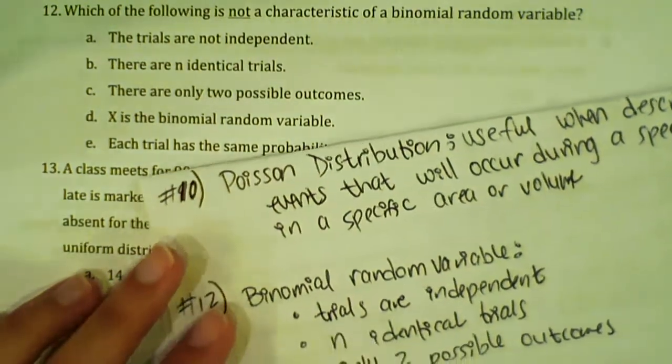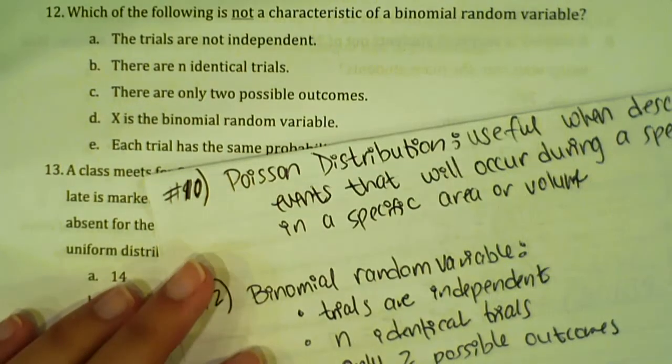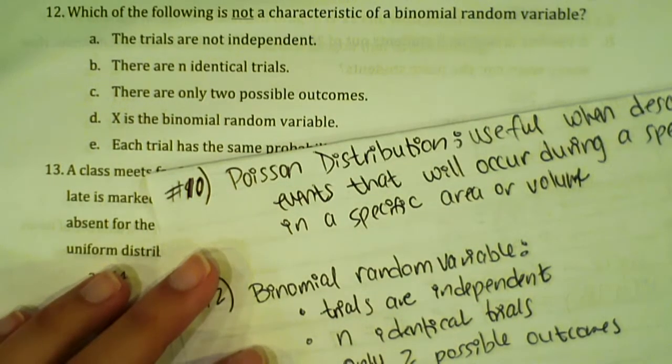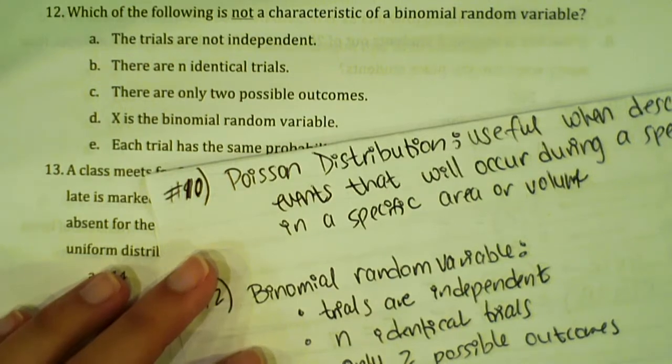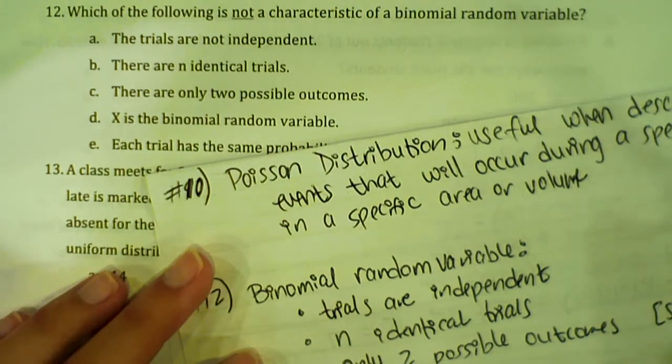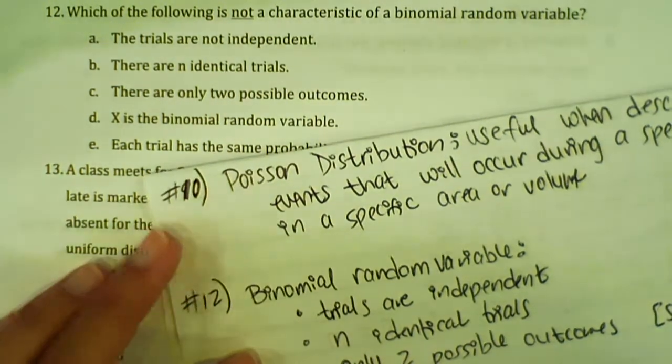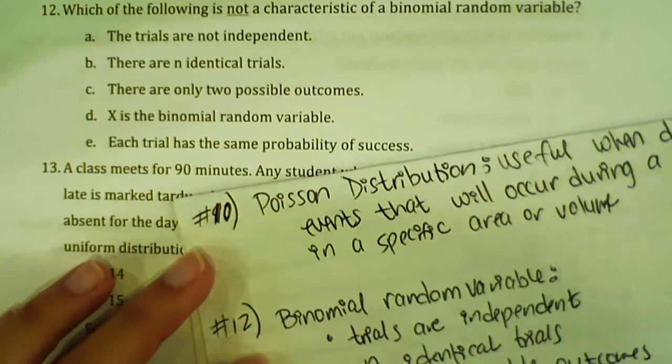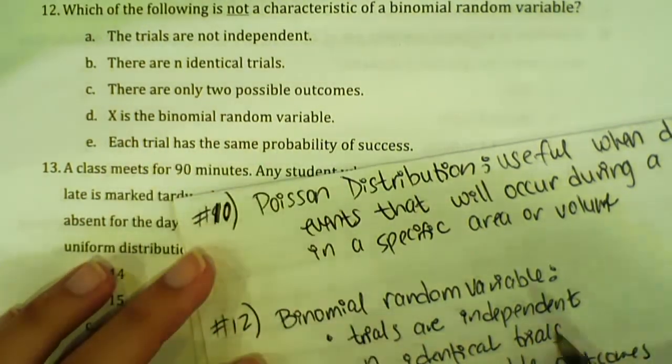And usually we say that those outcomes are what? For binomial. Do you remember? So yes, success and failure is usually what we go with. I'm literally just rewriting what this says. X is a binomial random variable.